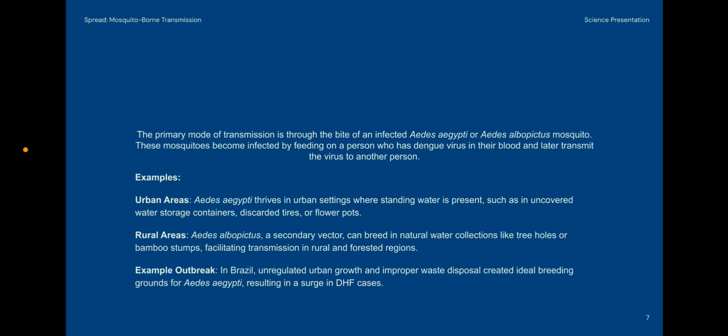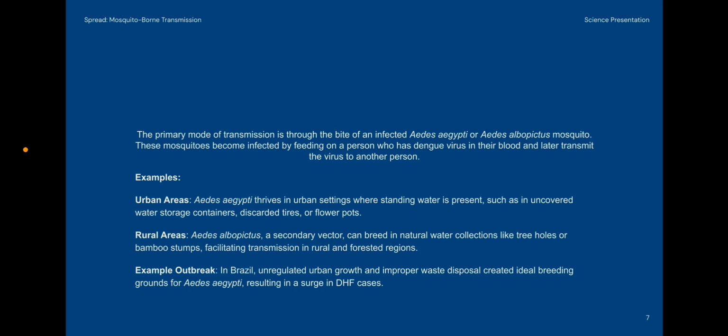These mosquitoes become infected by feeding on a person who has the dengue virus in their blood and later transmit the virus to another person. Examples: the mosquitoes thrive in urban settings where standing water is present, such as in uncovered water storage containers, discarded tires, or flower pots.